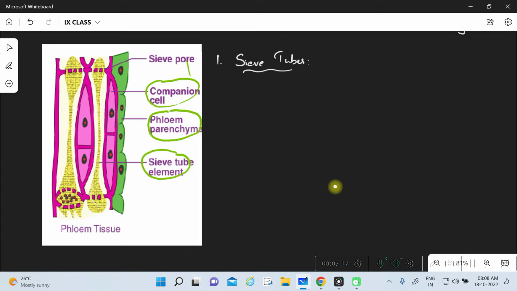Sieve tubes are elongated, living conducting channels. They are living in nature, and are conducting tubes or channels.